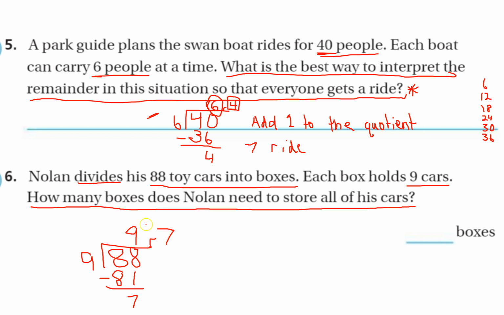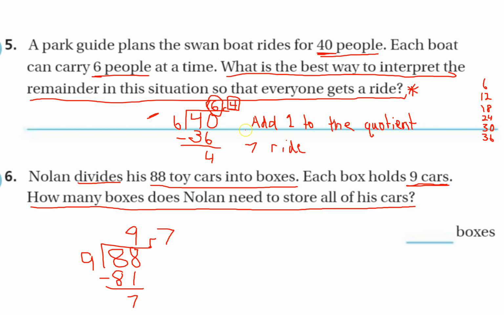No. That 9 boxes will hold 81 of his cars. 7 of his cars are left over. So we need to get a whole other box. So instead of 9 boxes with 7 cars left behind at the house, we get 10 boxes, and that 10th box is only going to have 7 cars instead of holding its capacity of 9 cars.